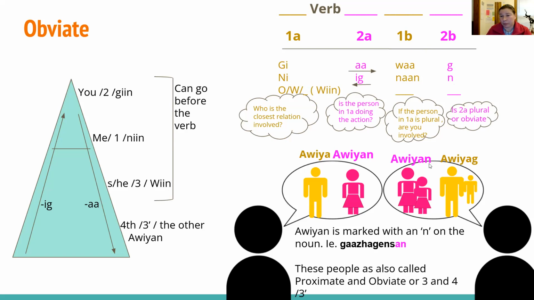And that marker, as you can see here, also goes on the name or descriptor of that person. So if you're talking about her and her cat, the conjugation has an AN here, and we know that then it's the fourth person or obviate.